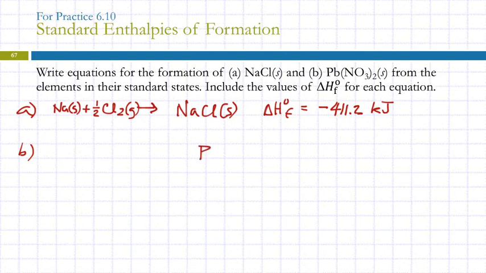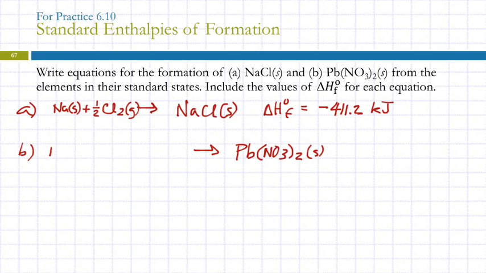So I've got, let's give ourselves a little more room than that, Pb(NO3)2, solid. We are not writing the equation for how you might form these. We're not splitting things into ions or anything. We're just looking at the elements. So this one has 3 elements, right? Lead and nitrogen and oxygen.